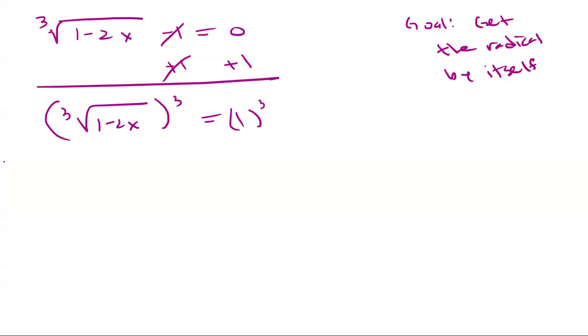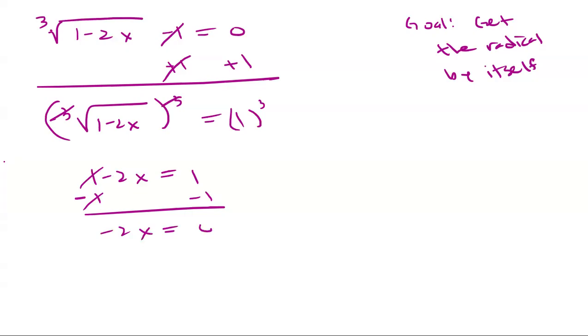The cubic root and the cube cancel, giving us 1 minus 2x equals 1. Then we subtract 1 on both sides. We get negative 2x equals 0, and then divide both sides by negative 2. So x gives us 0, right?